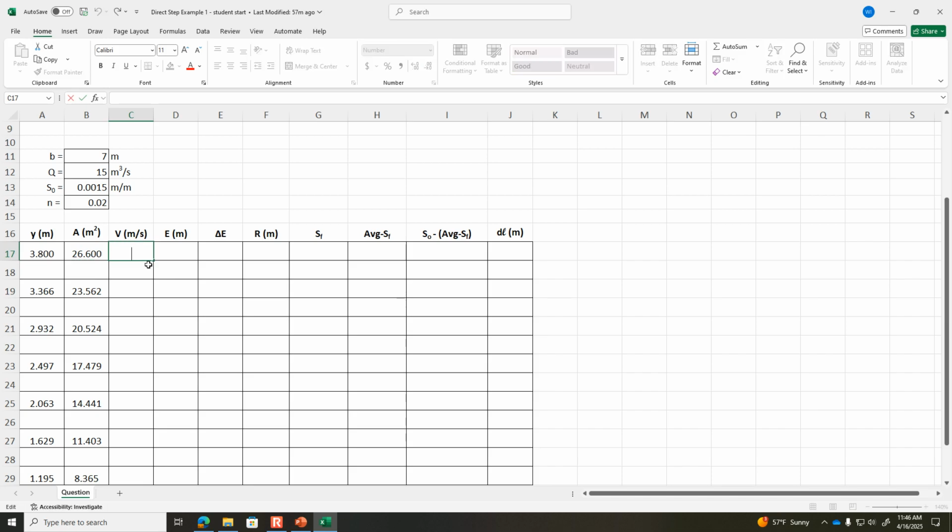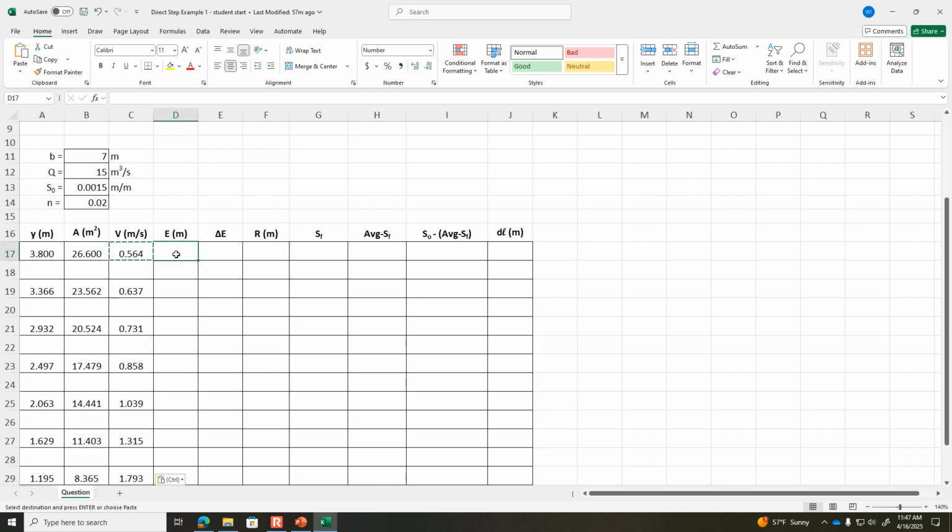And so the velocity would just be Q, anchor the reference there, divided by the area. That's how we get the velocity. And copy and paste at all of these different depths until we get to the normal depth. So here at the normal depth, it's no longer gradually varying flow. If we go further upstream of there, it's just normal.